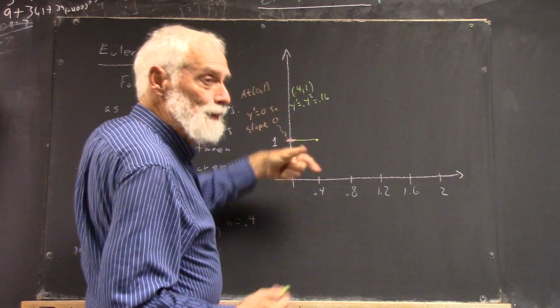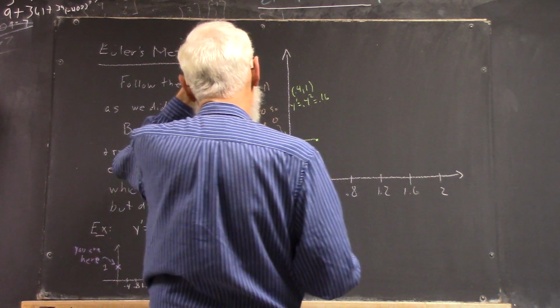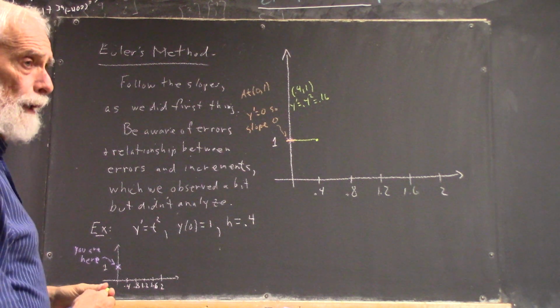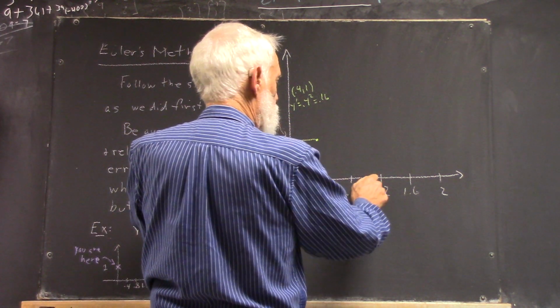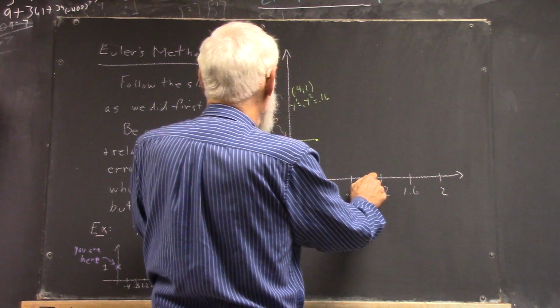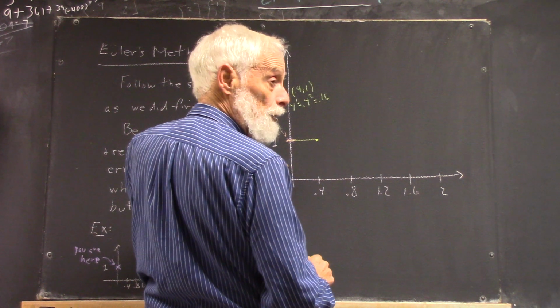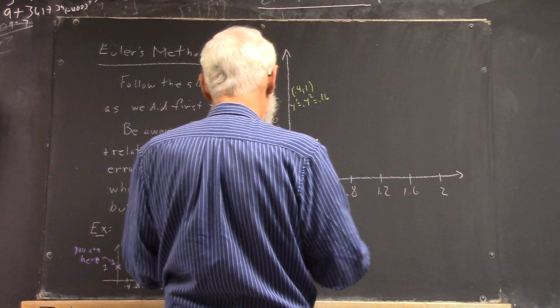I wrote it right and said it wrong. That's the reverse of what I usually do. So 0.16. Now let's see, what would a slope of 0.16 look like on this graph? Well, that would be like a run of 1, which is this much, and a rise of 0.16, which is maybe this much.